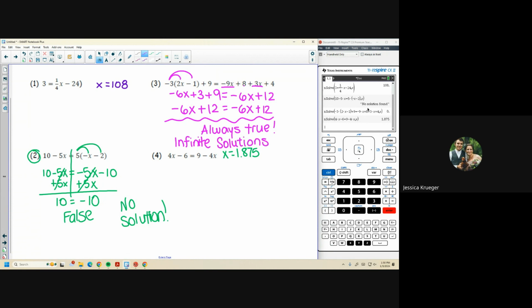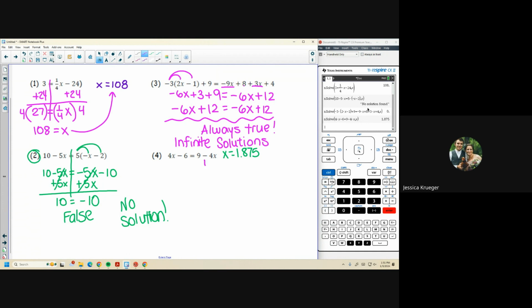Okay. In number 1, if you were solving this, you could add 24 to both sides. That gives us 27 equals 1/4 x. I can multiply both sides by 4, and I get 108 equals x. And that's the answer I got here.